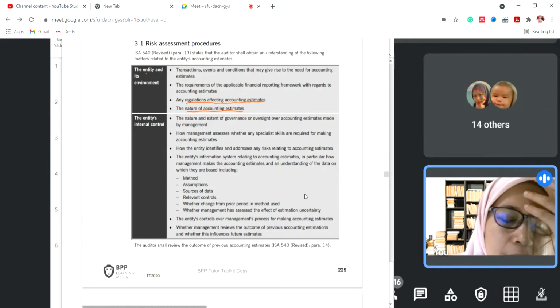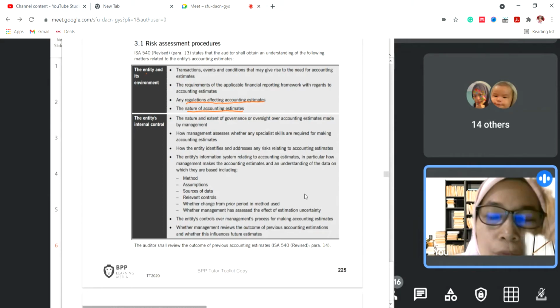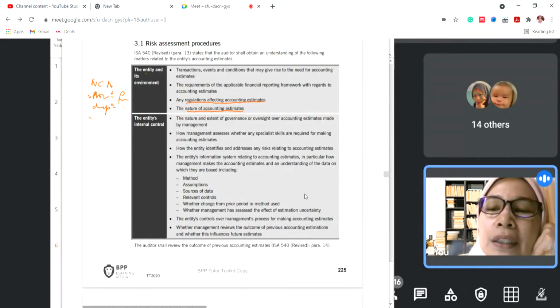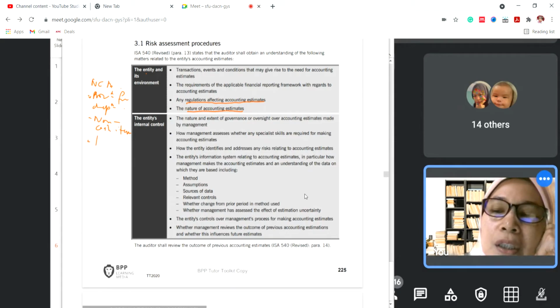If the industry relies heavily on non-current assets, they will try to manipulate the amount for provision for depreciation, because this is a non-cash item. Maybe they want to reduce the profit to avoid tax. So it depends on the situation.